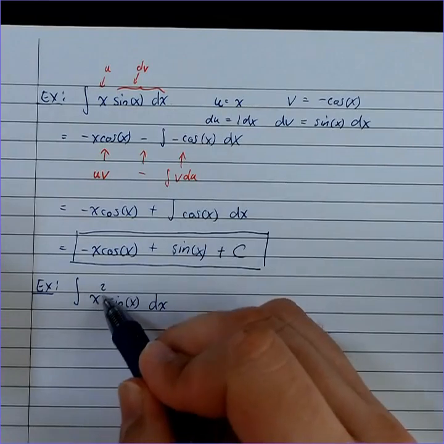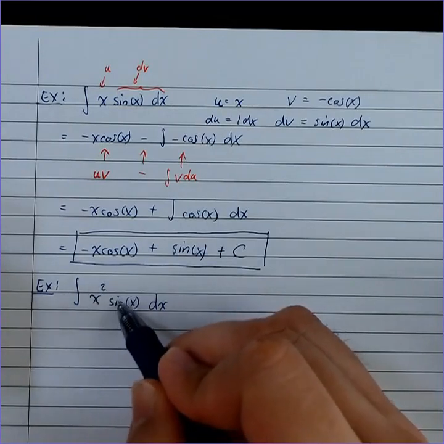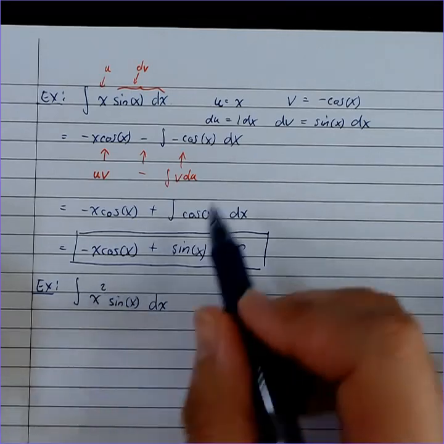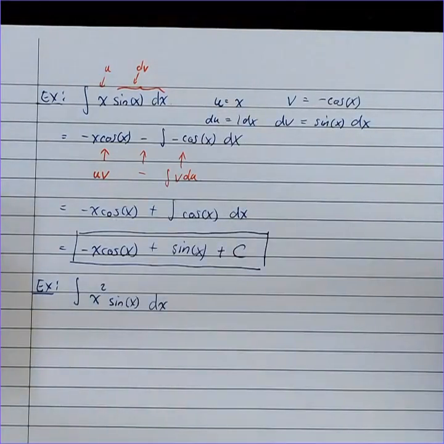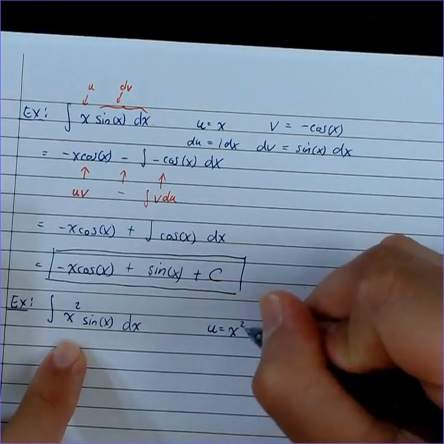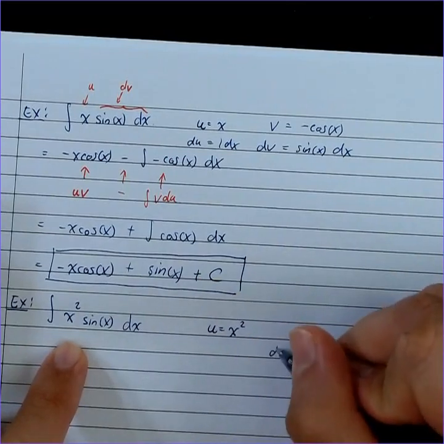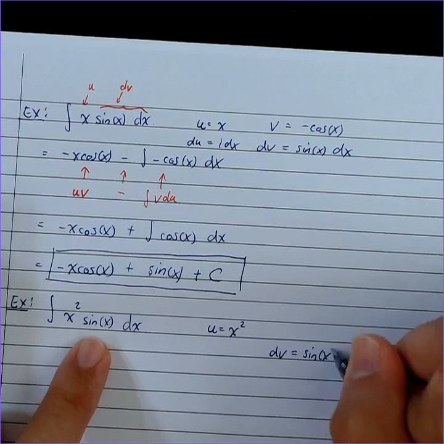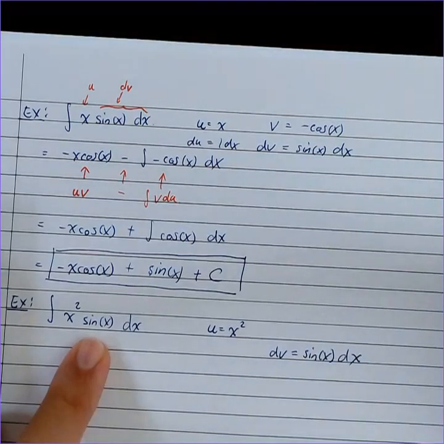In general, if you have something that's polynomial and something else that's not in your integrand, then the part that's polynomial is a good choice for your value of u. So here we're going to take u to be x squared, and we're going to take everything else to be dv. So that's sine of x dx, like that.